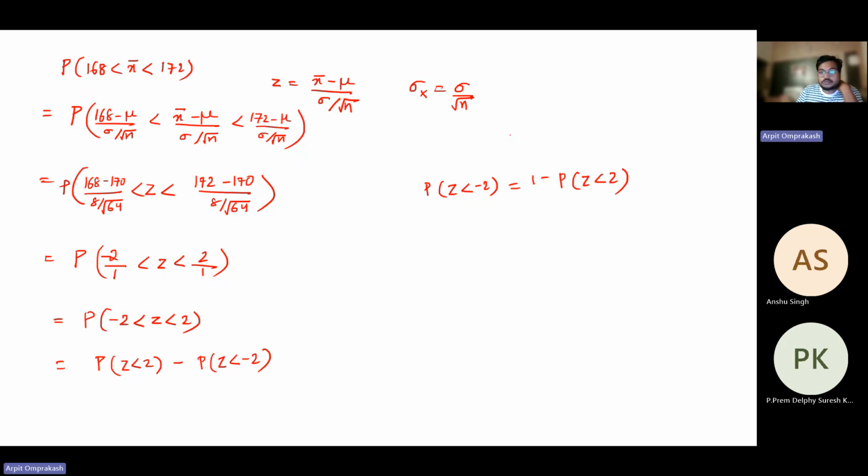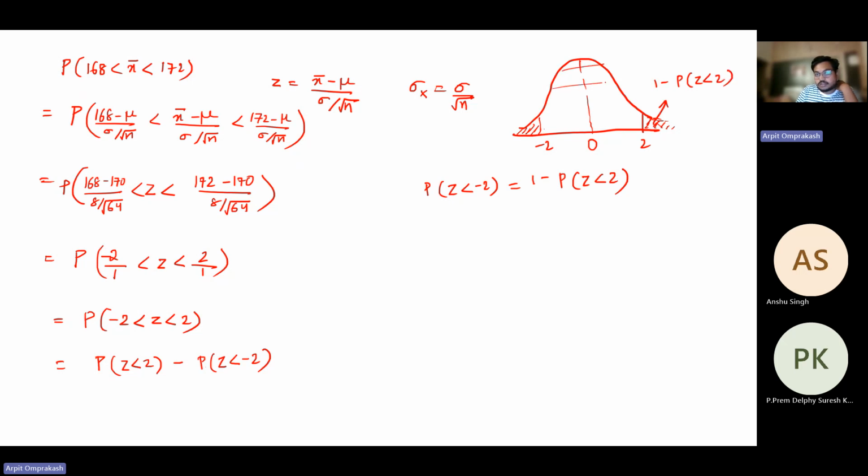Since in the standard normal distribution, what we have is something like this. We have a normal distribution which is centered at 0. Now what we want to find is the probability that Z is less than 2, which is this part. Since the distribution is symmetric, this area will be equal to this area, right? And this area is basically 1 minus the probability that Z is less than 2.